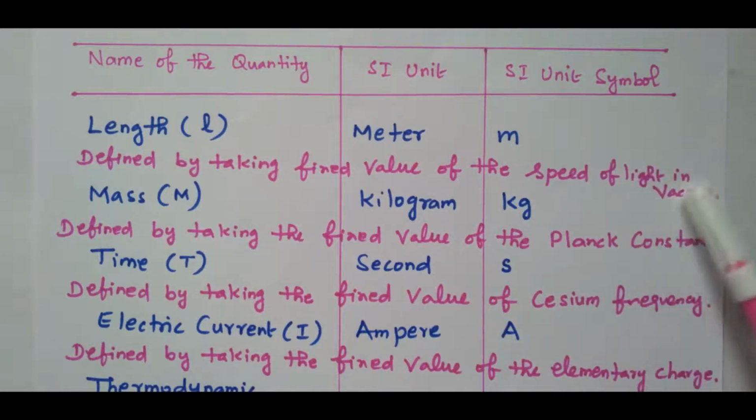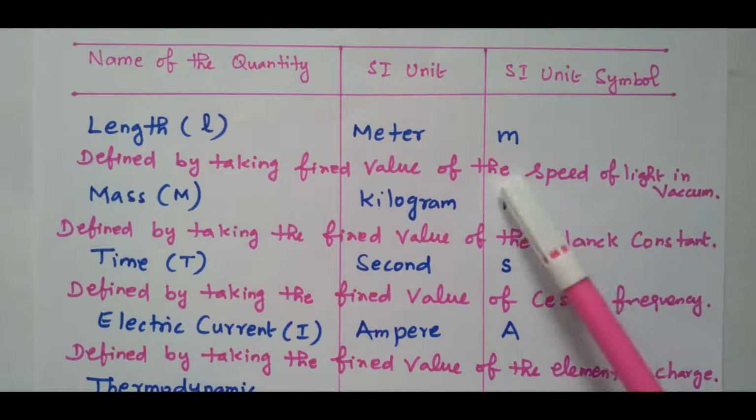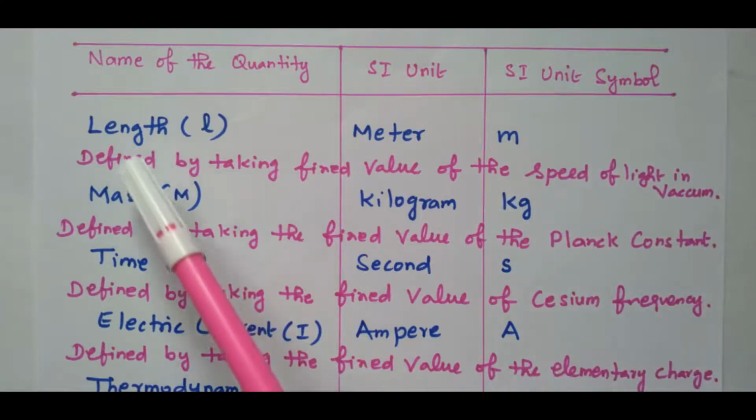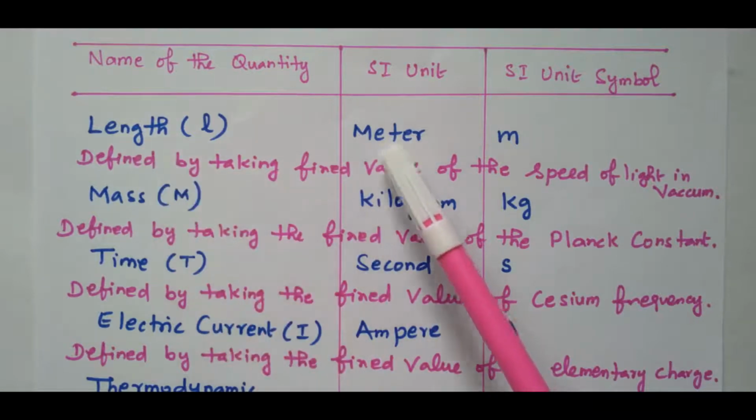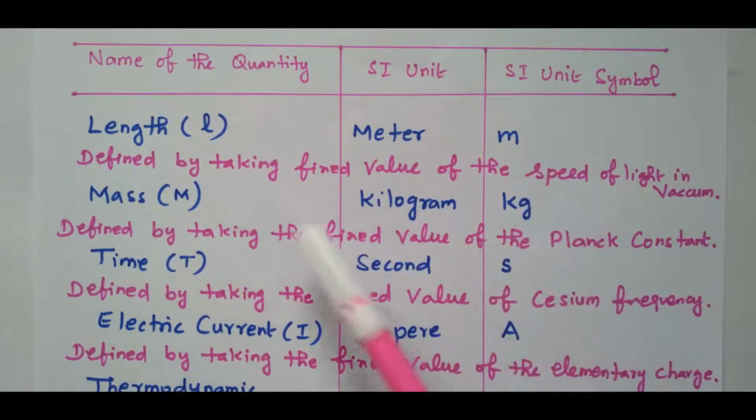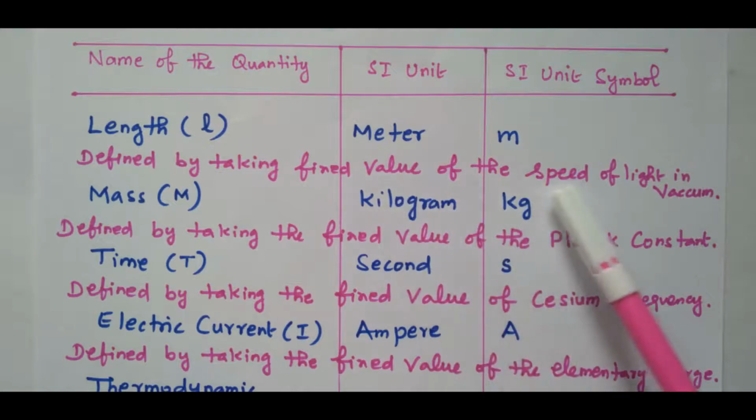That is the reference. So the first one is length, the unit is meter, the symbol is m, defined by the fixed value of the speed of light in vacuum.